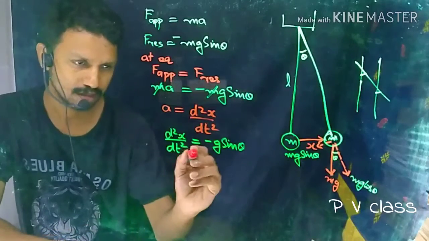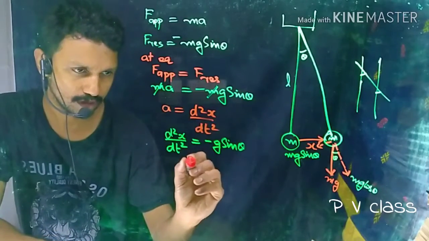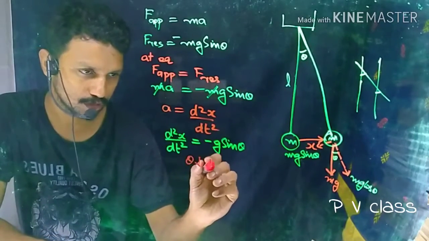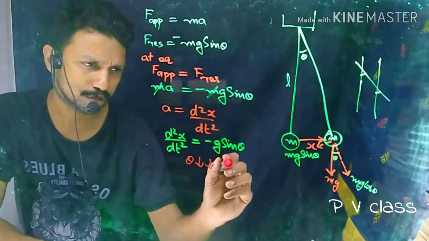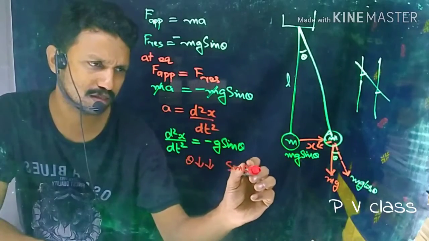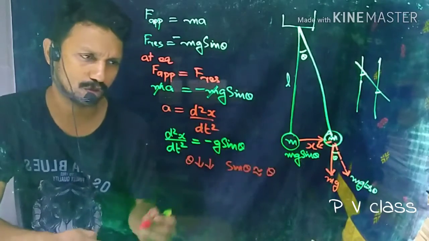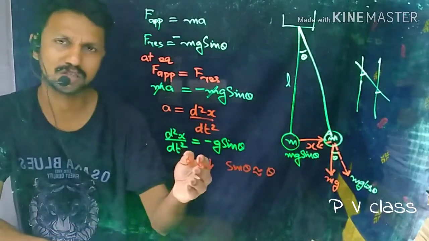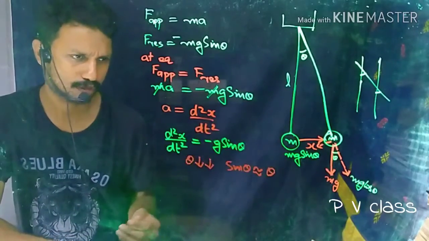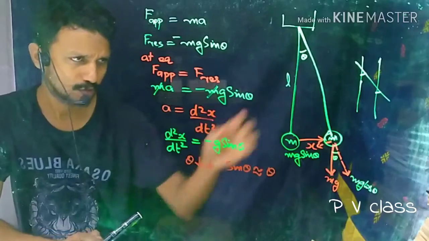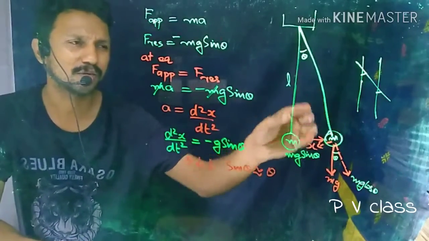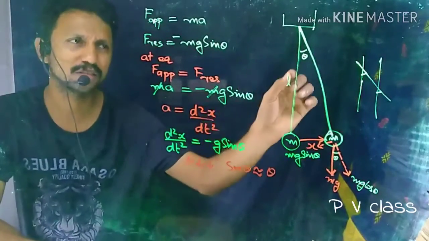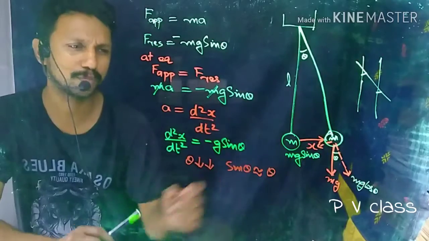That is, I am giving an approximation here. If theta is very small, sine theta is approximately equal to theta. Therefore, in this case also, we are displacing the pendulum with a very small angle, so sine theta could be approximated to theta.